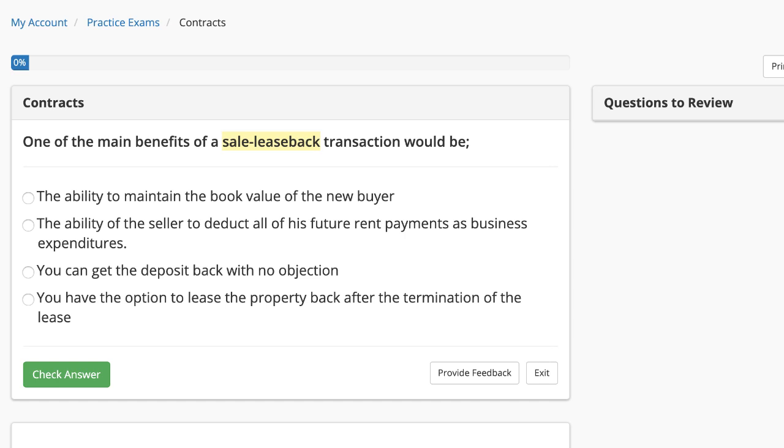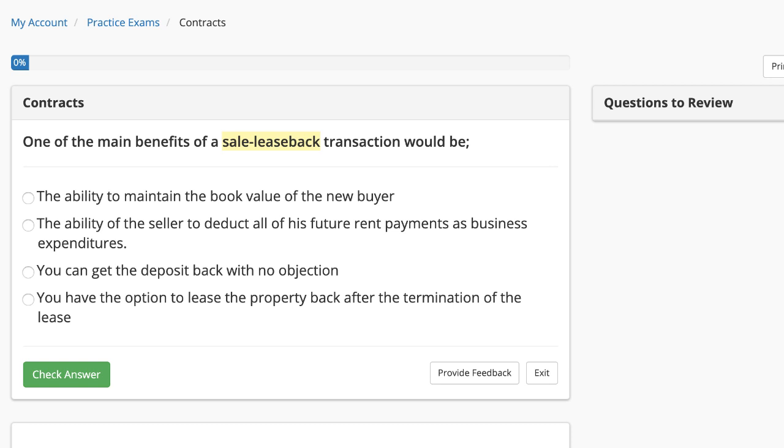One of the main benefits of a sale leaseback transaction would be: A, the ability to maintain the book value of the new buyer; B, the ability of the seller to deduct all those future rent payments as a business expenditure; C, you can get the deposit back with no objection; D, you have the option to lease the property back after the termination of the lease.